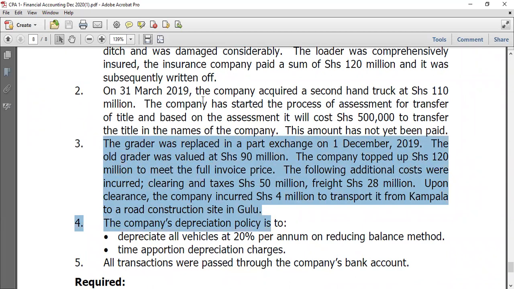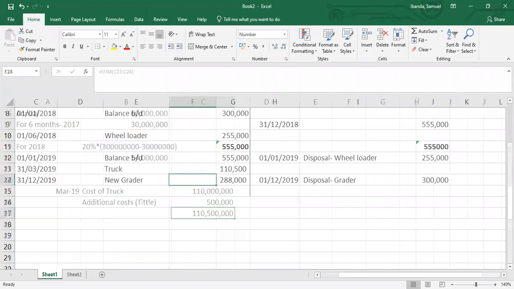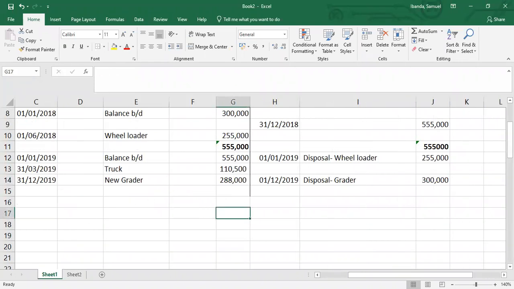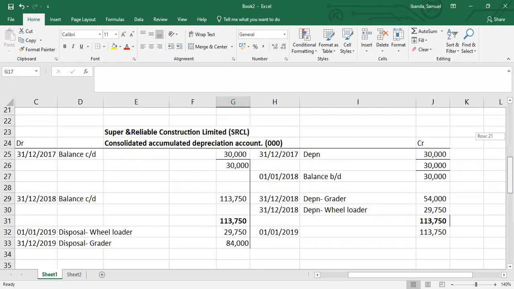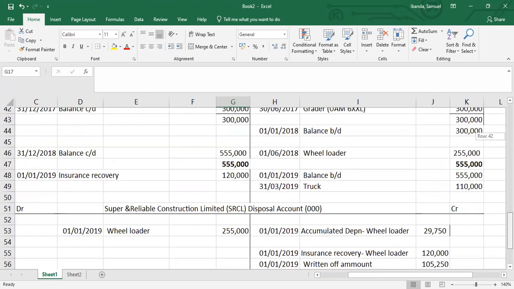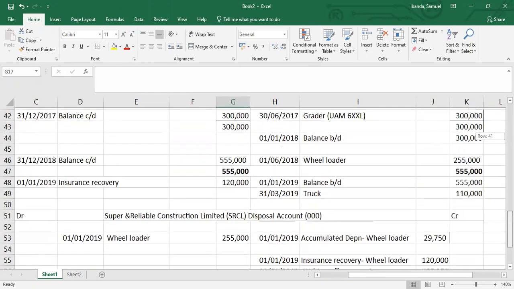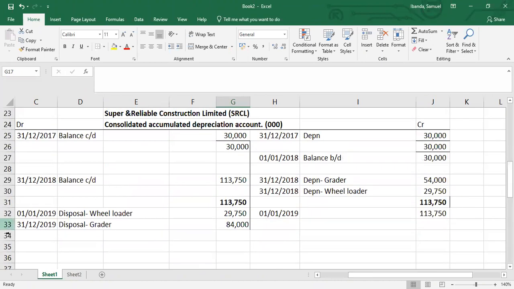In 2019. So what else we should basically do is go ahead to balance off our accounts. But before that, there's something that I've tried to realize. I think we have not taken into consideration. I missed it somehow.